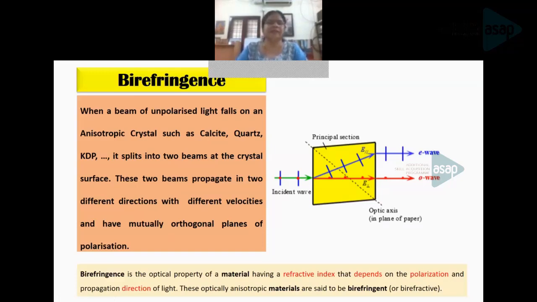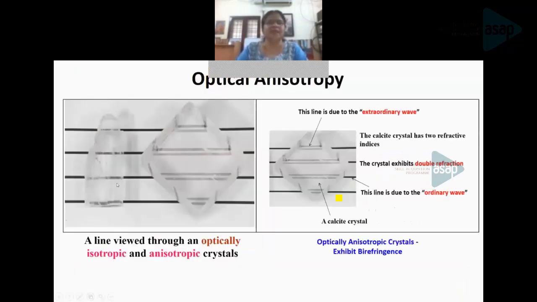Okay, here you can see two crystals. One is isotropic and the other is anisotropic, and here some lines are there. When you view this line with the isotropic crystal, you can see only one line, but using an anisotropic crystal, if you view this line, you can see two: one same line, the unaltered line, and the other is a new line.